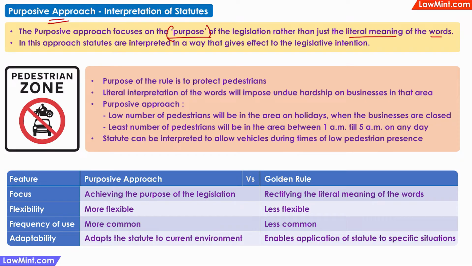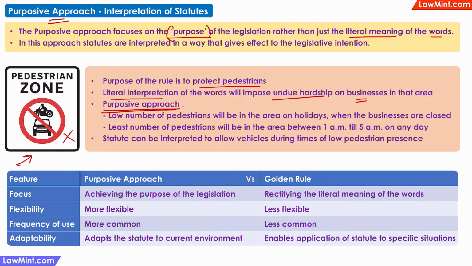For example, the purpose of a law or a rule creating a pedestrian zone is to protect pedestrians. But interpreting the rule literally and saying that vehicles are never allowed to enter a pedestrian zone would cause undue hardship to any businesses who may have to transport their goods into their shops, which may be in the pedestrian zone.